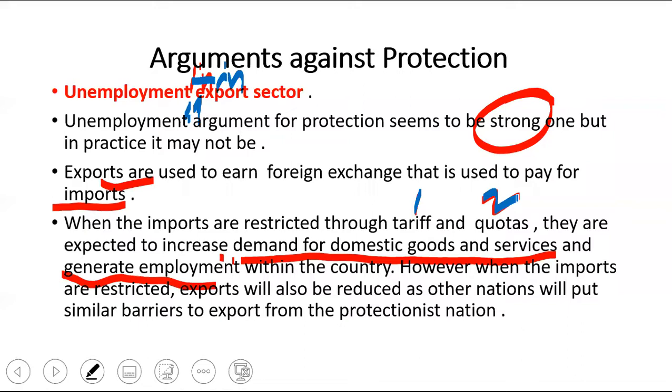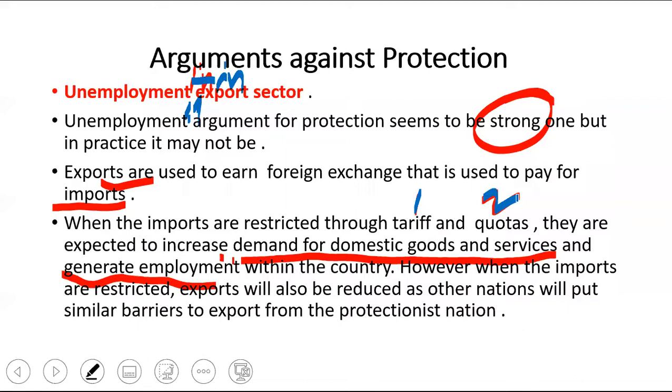the problem is, when you control imports from China, China is so intelligent that first it will stop your import, plus our export to China will also be reduced, because international trade depends upon mutual understanding. That is what international trade is. So we are stopping imports from other countries; naturally, other countries will stop exports from our nation.